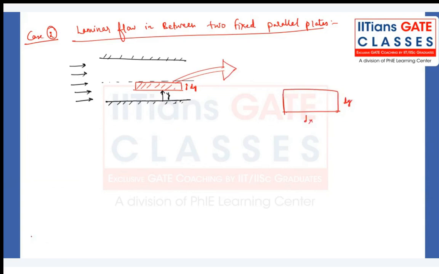Here the pressure is p into dy into 1. The width I'm assuming to be 1 unit.